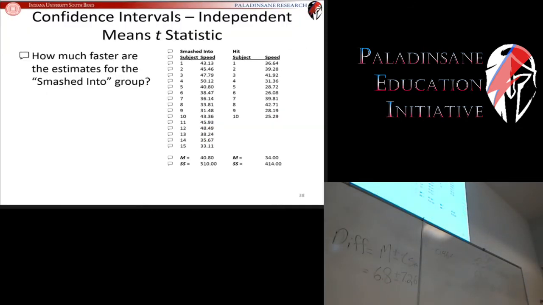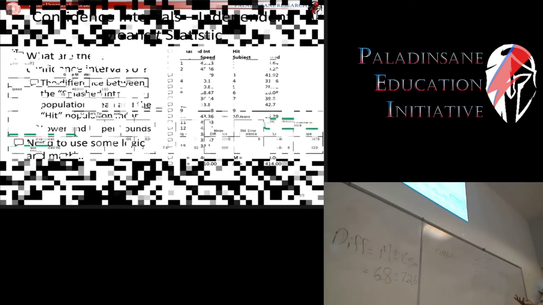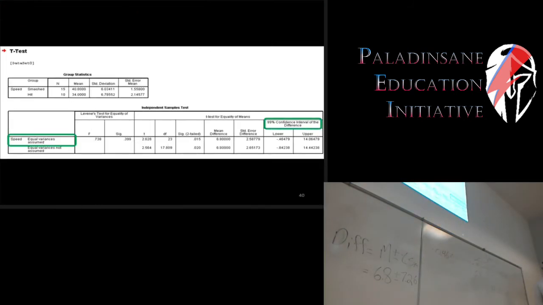So once again, this was for how much faster are the estimates for the smashed into group. And notice that we got there with the information that SPSS gave us, but we needed to use a little bit of logic, we needed to use a little bit of math, we needed to remember that we're asked for the difference. So make sure that you're paying attention to that and keeping that in mind.